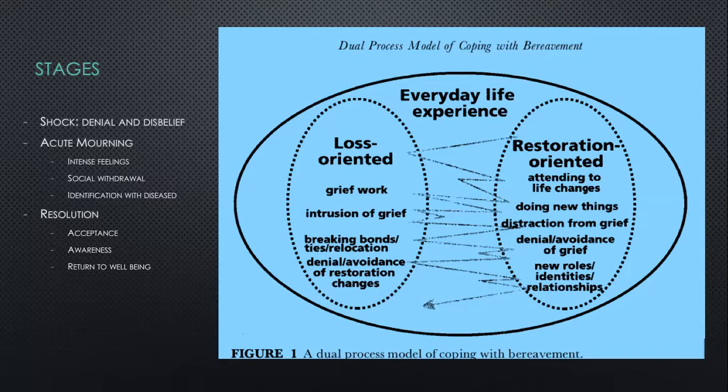Restoration oriented coping is where you address life changes and tasks to distract yourself from the grief. You can deny the grief, but you find new roles and relationships outside of your loss. The individual also becomes preoccupied with stresses caused by the loss. And ultimately, the individual oscillates between these two types of grief work until they reach that level of acceptance.